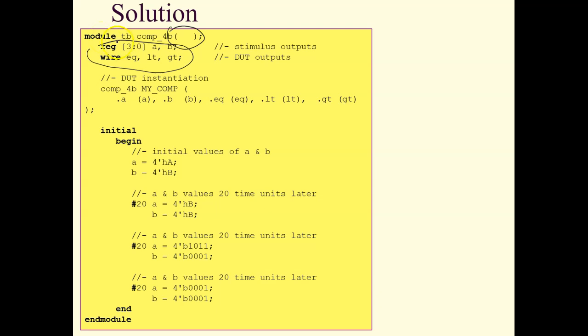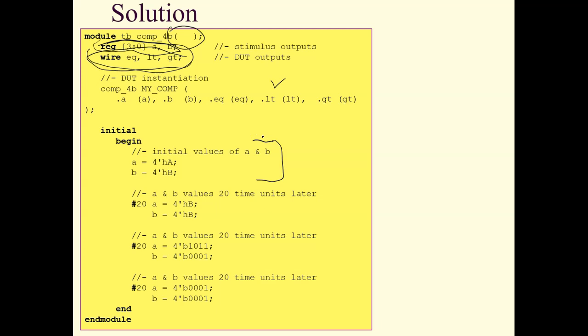We have 2 inputs which are going to be assigned from the initial block, so they need to be declared as regs. Here are your 3 outputs, which are just equal, less than, and greater than. Here's your instantiation. I made it horizontal just to save space so I can fit everything in there. So this is the first assignment.